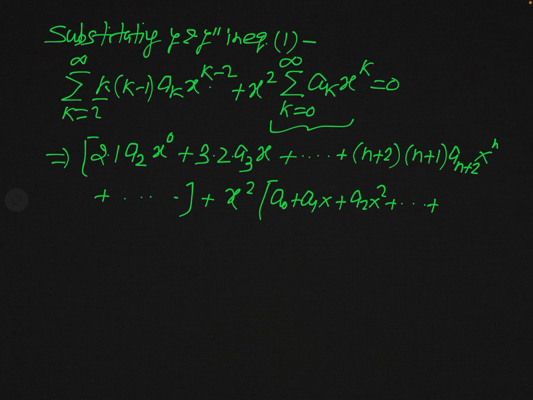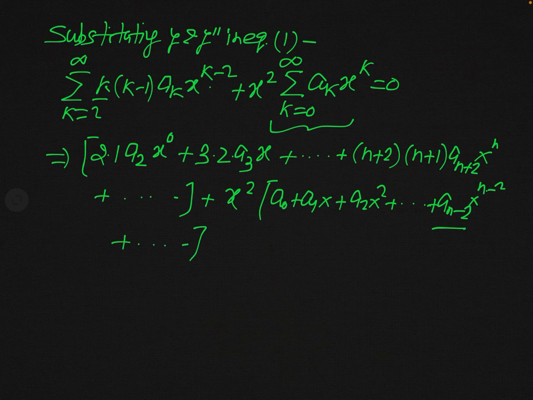If you take k equal to n minus 2, then this will be a n minus 2 into x to the power n minus 2 and so on.